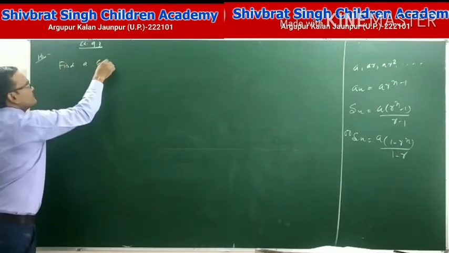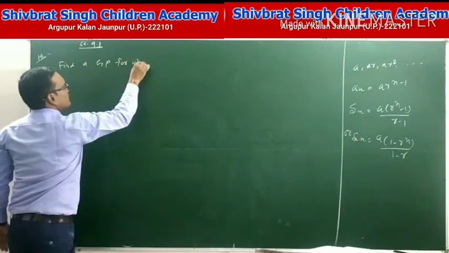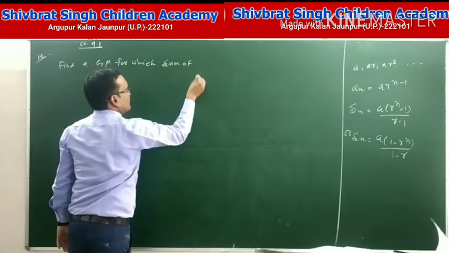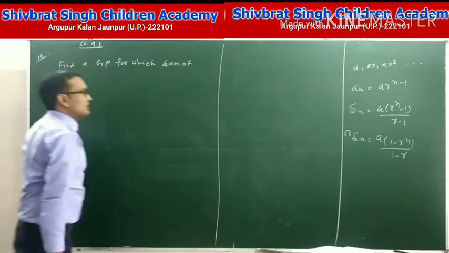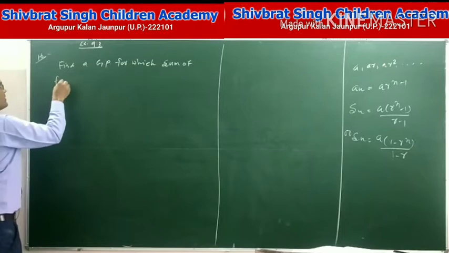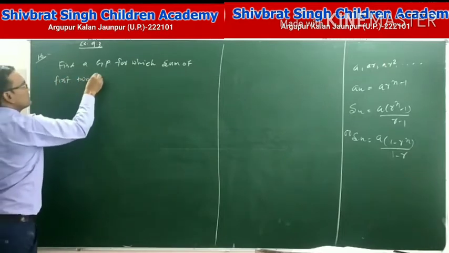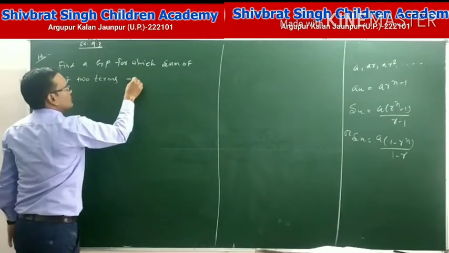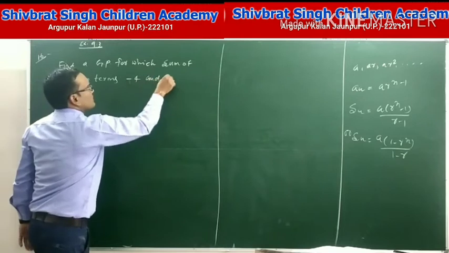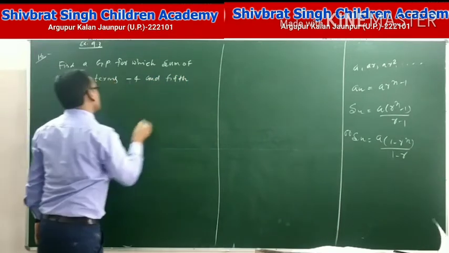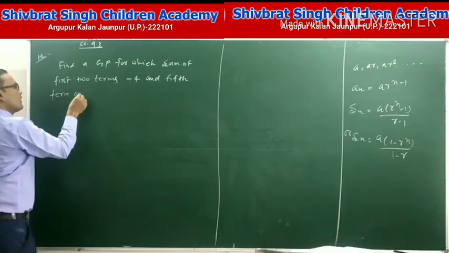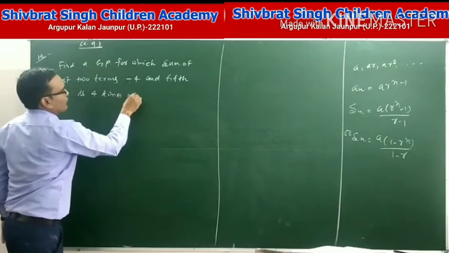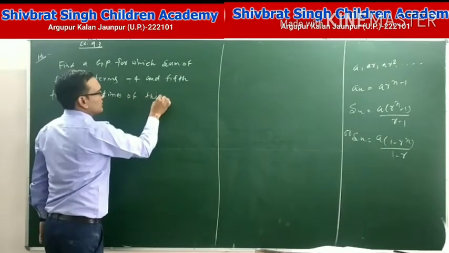Find a GP for which the sum of the first two terms is minus 4 and the fifth term is 4 times the third term.